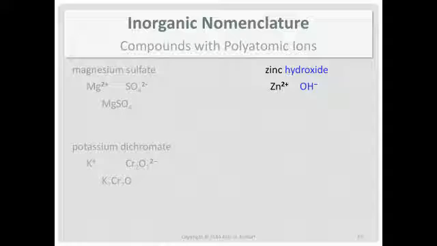Except for stock numbers, which we put into parentheses, if we set that aside, we haven't used parentheses in writing chemical formula yet. But you have to here, because you need 2 hydroxide ions to balance out the zinc ion. So you have to put parentheses around the OH to indicate that you have 2 OHs. So there's still charge balancing there, but without the parentheses it doesn't make any sense.